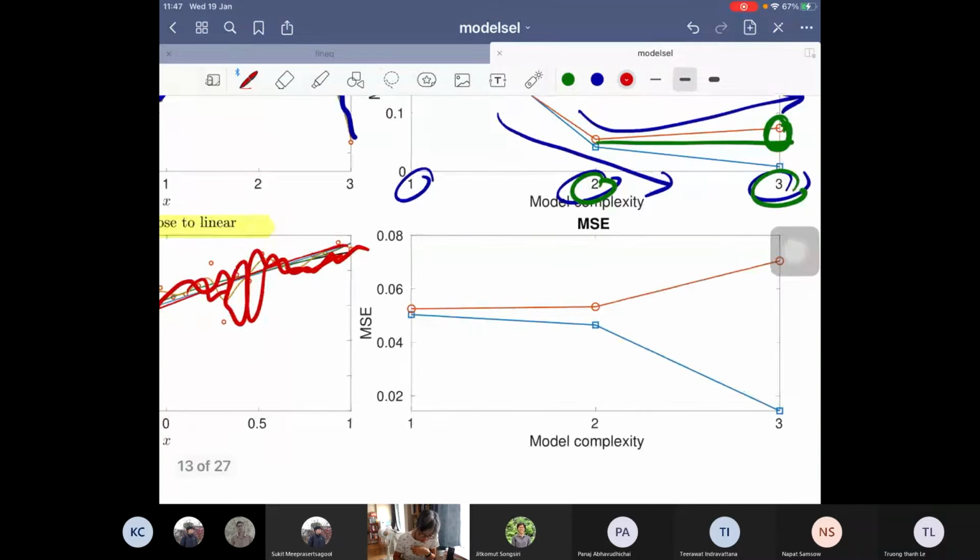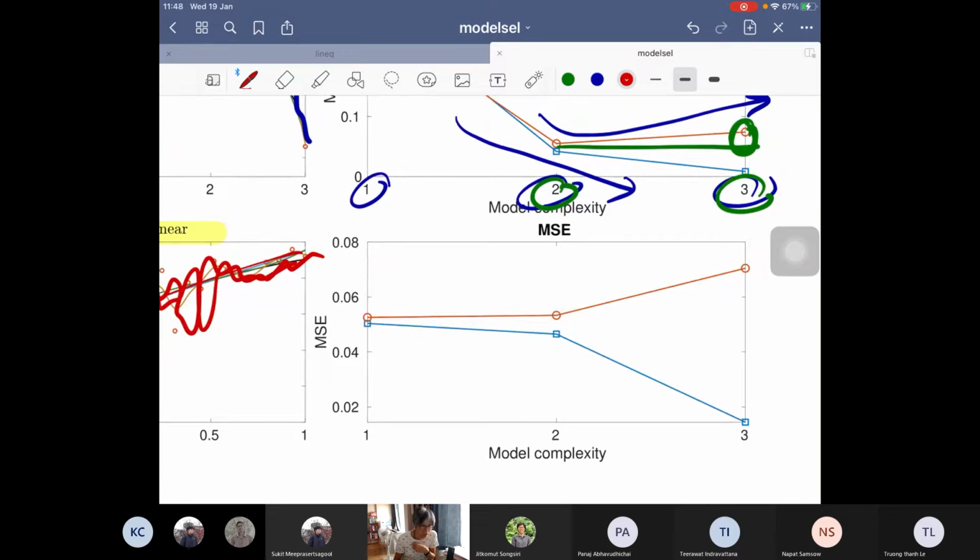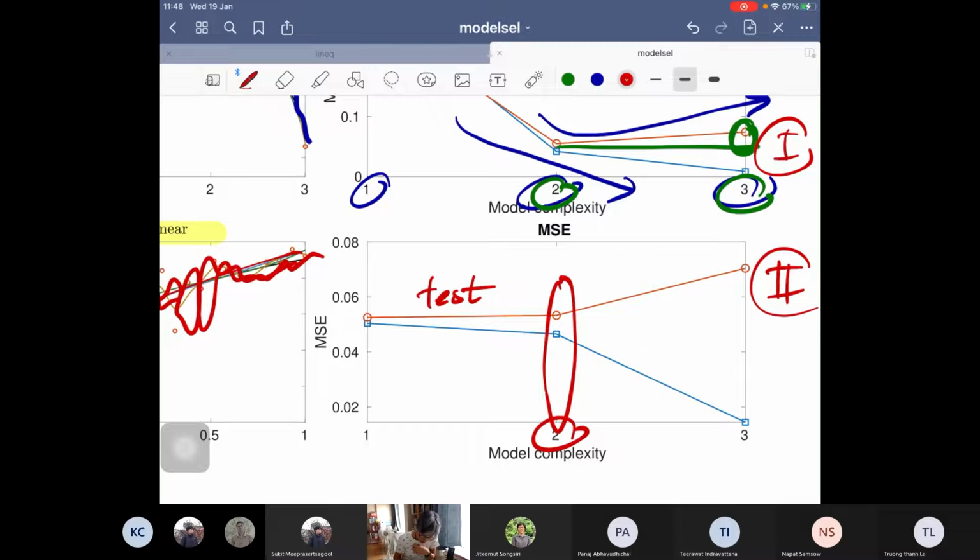Now let's take a look at the test MSE versus the training. What would be the difference between the previous case and this case? If you look at the test MSE, again at about second order, from second to third, your test MSE increases, but the amount by which your test error increases seems to be more significant than in the previous case.